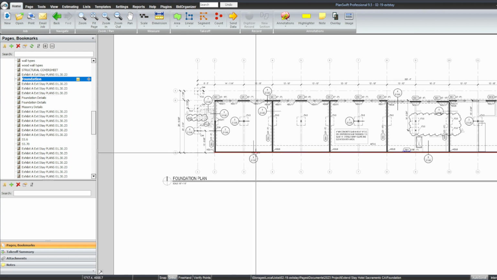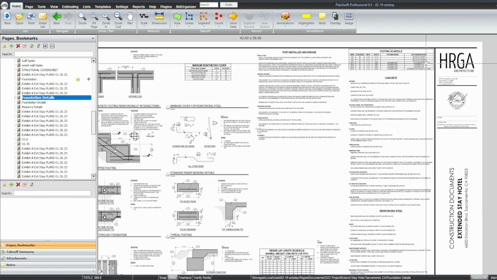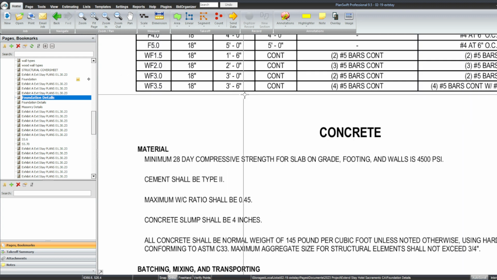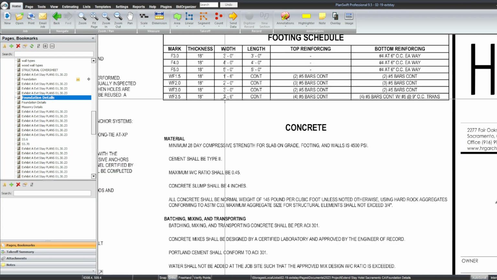So we have again 186 feet of that. So let's go back to foundation details. 3.5, WF 3.5. So it's 3.5 feet wide by, okay, so I always give my math brain experiment.